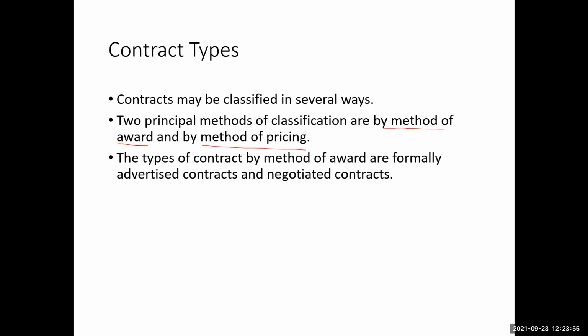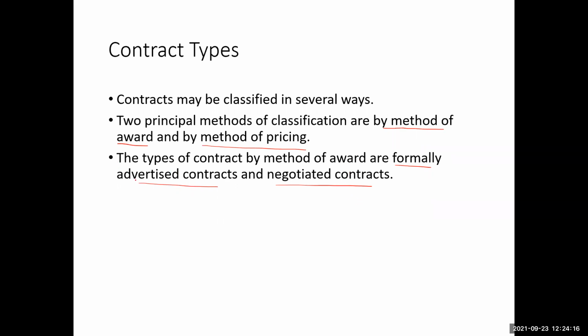So the types of contract by the method of award are formally advertised contracts and negotiated contracts. I think something about this has also been mentioned before.